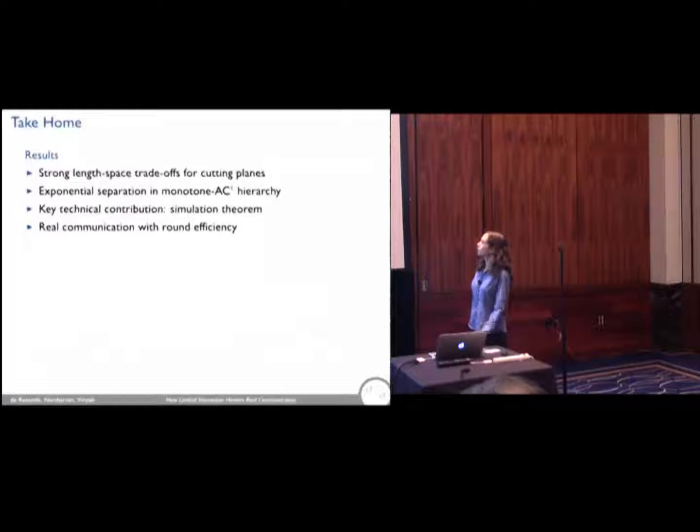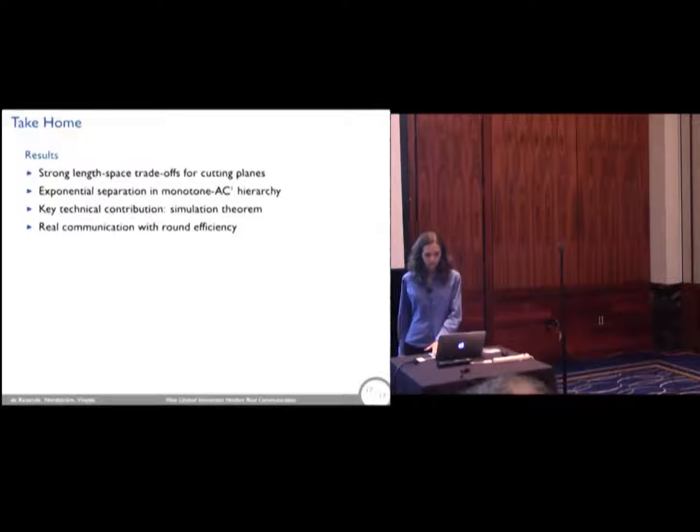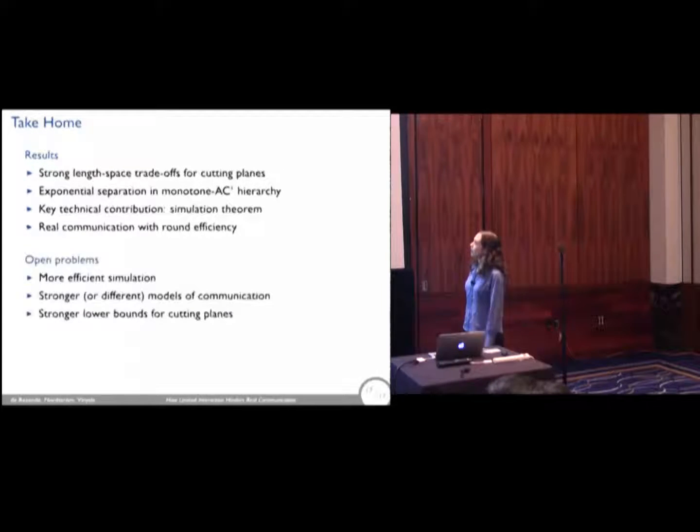Okay, so finally, to wrap up, we proved strong length-based trade-offs for cutting planes. We also obtained an exponential separation in the monotone AC hierarchy. And the main technical contribution was this simulation theorem for real communication, taking rounds into account. And there are many interesting open problems.